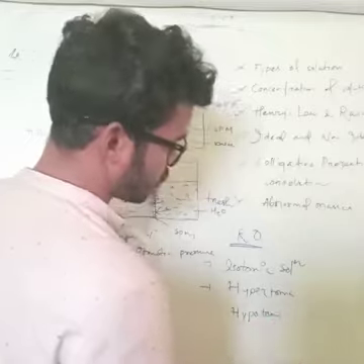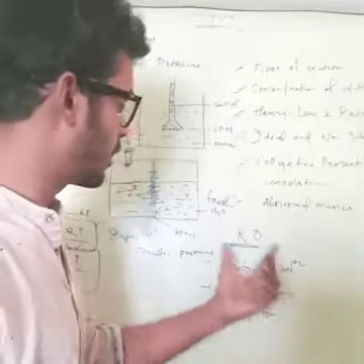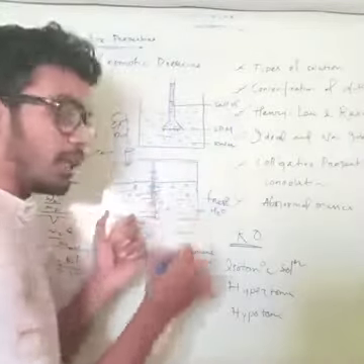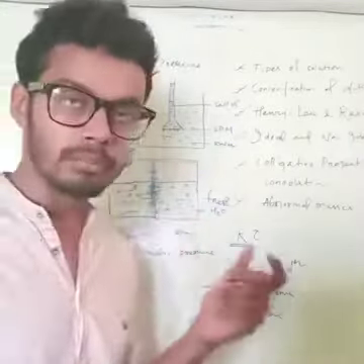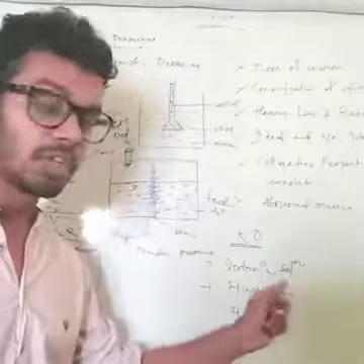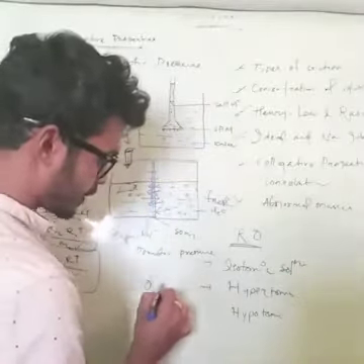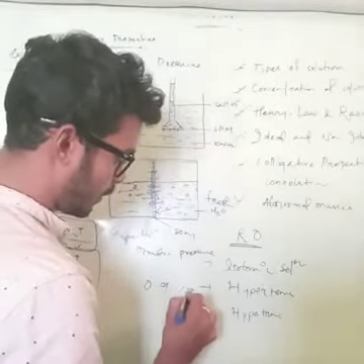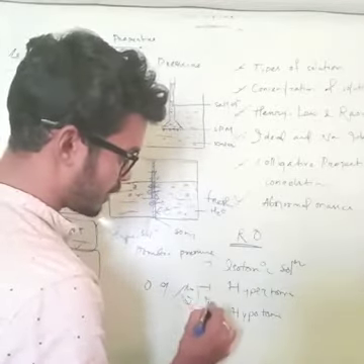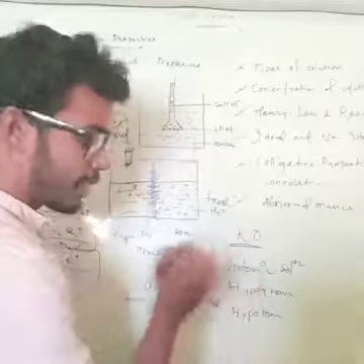From the name itself it is quite clear. Isotonic means it maintains the equilibrium, so the pressure will be the same on both sides. An example of an isotonic solution is 0.9% NaCl, W by V. What is this? This solution is an isotonic solution.